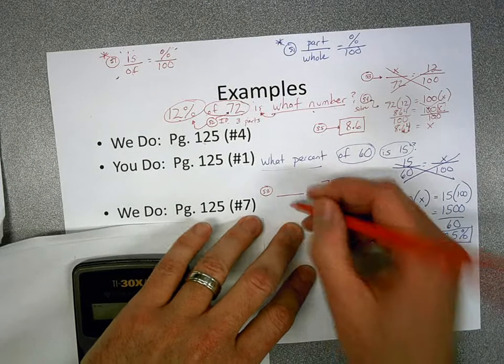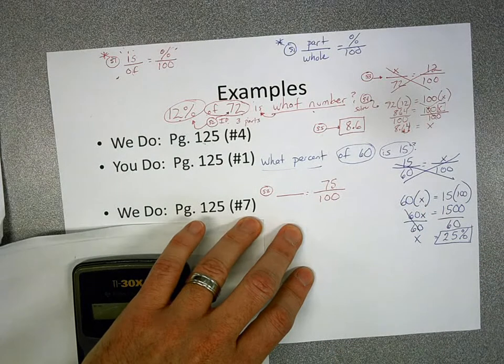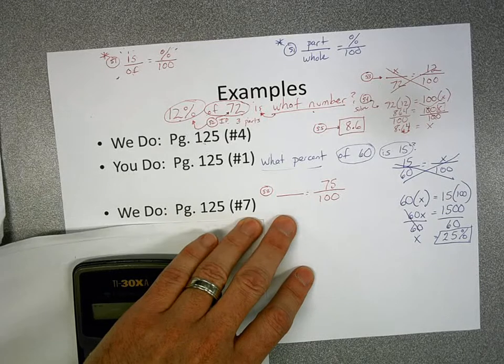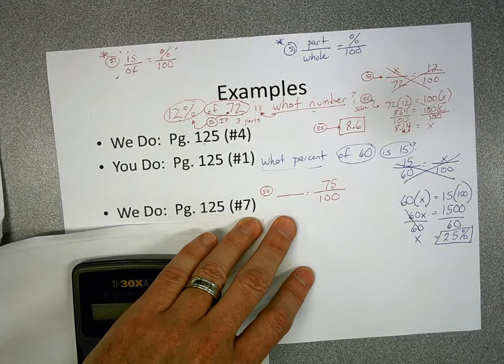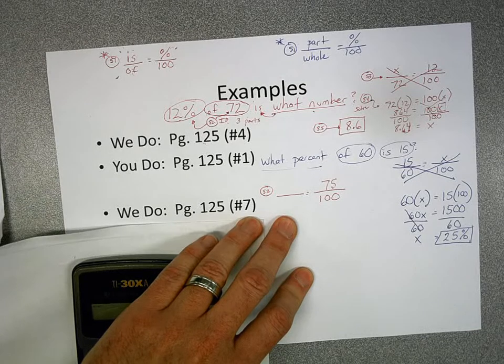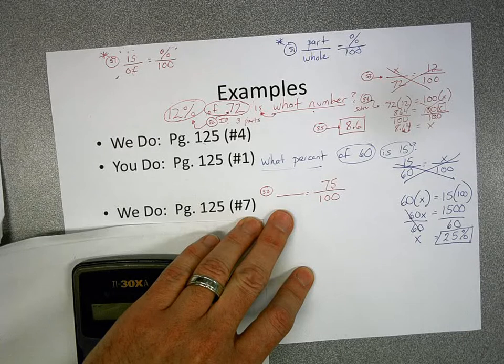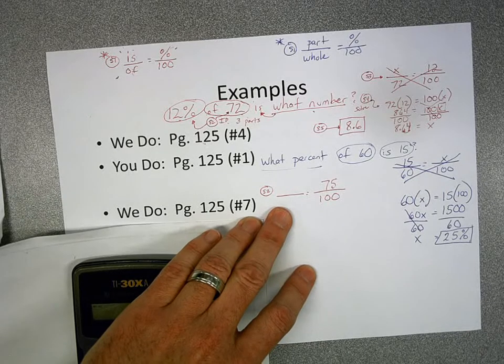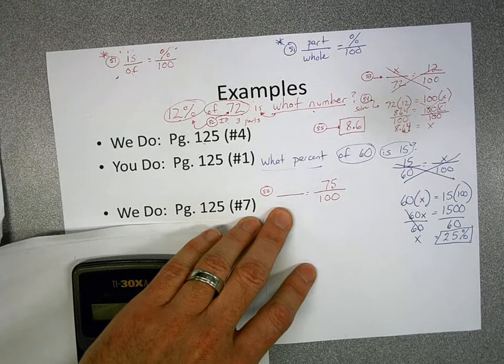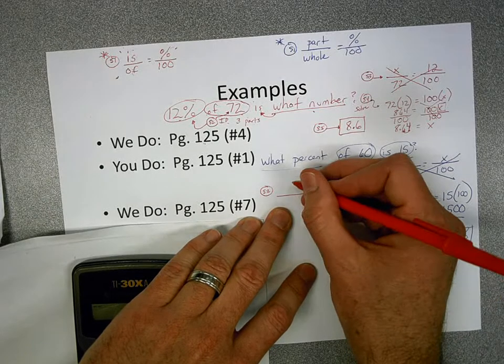So if we take a look at that $51 on the sneakers in the little picture, what does that represent? Those two little words above it: sale price. Is the sale price the whole amount of the shoes, or is it going to be a part of the amount of the shoes? It's a part. So the $51 will go on top.